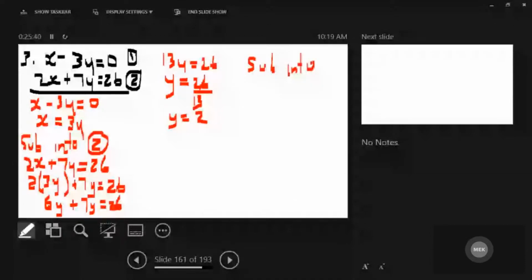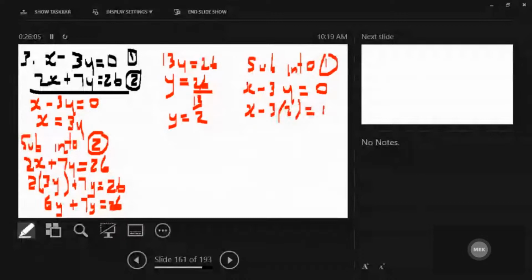And equation 1 says x minus 3y equals 0. So we're going to put 2 where y is. So x minus 3 times 2 equals 0. x minus 6 equals 0.